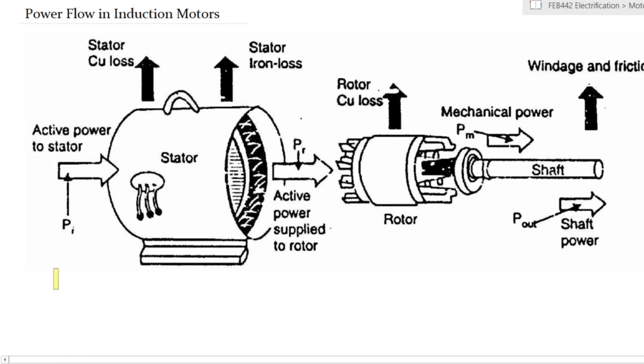So the input here is active power to the stator through electrical supply, in this case three-phase electrical supply. And the final output that you will get is what we call shaft power.